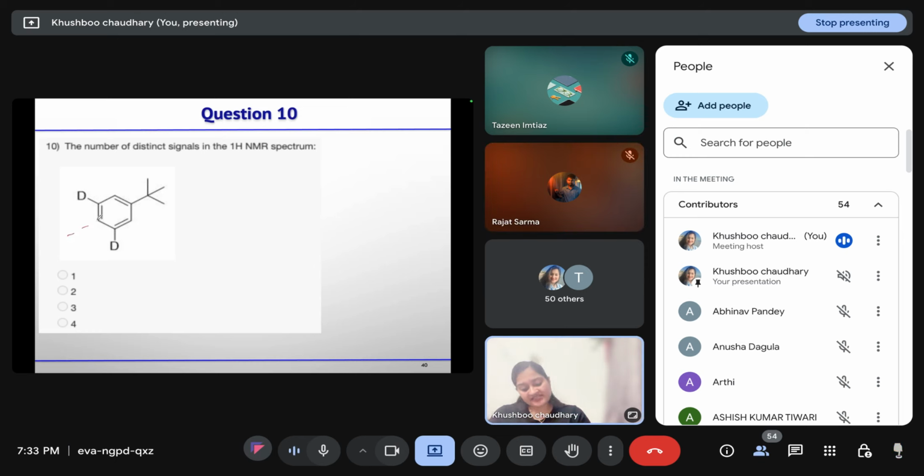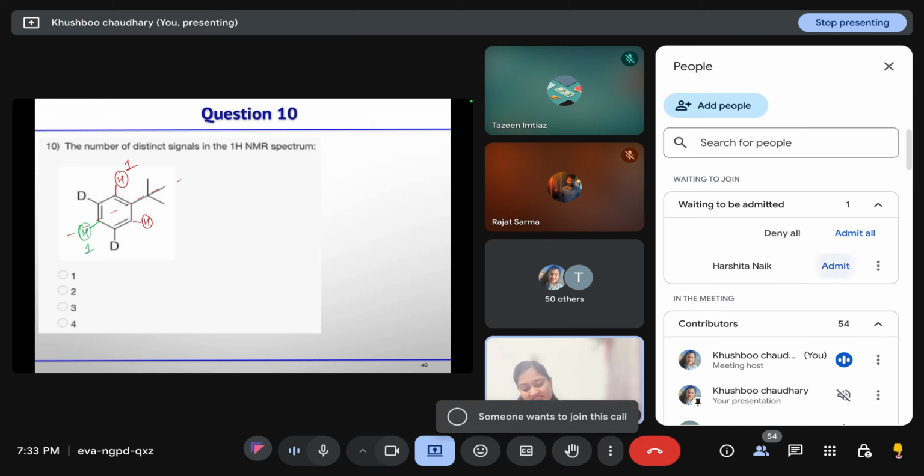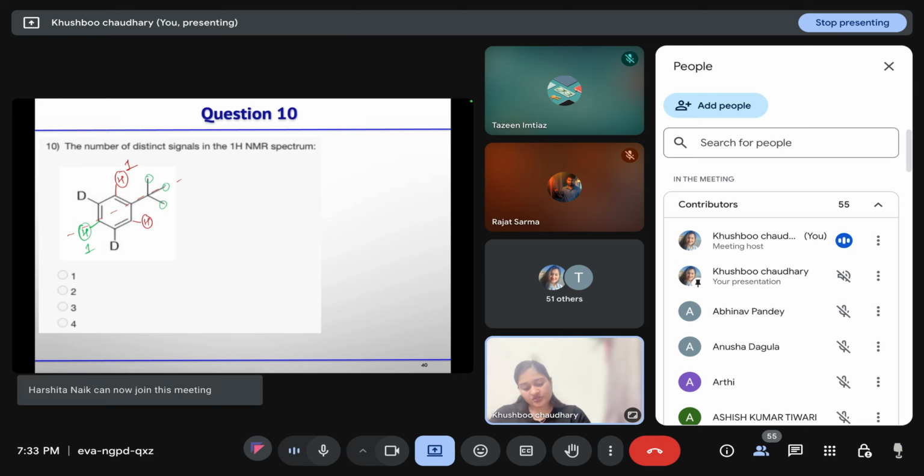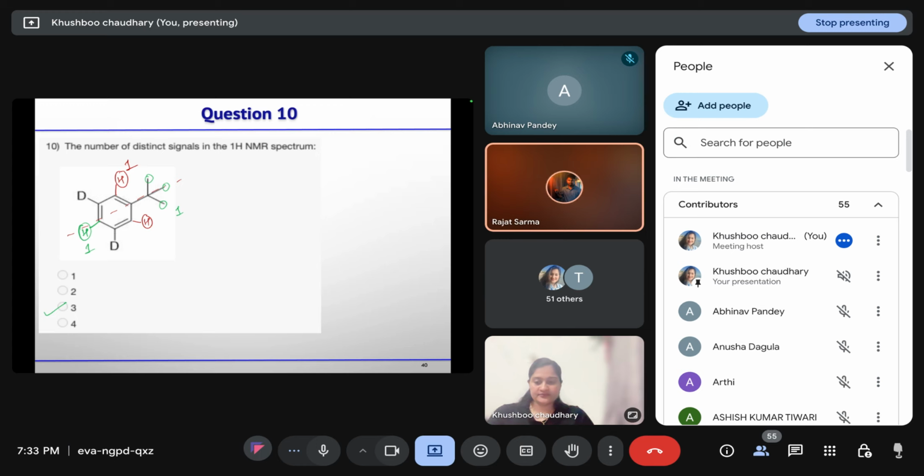Plane of symmetry is there. So that means ortho protons will show one signal, right? Para will show one signal, and all these methyl protons will show one signal. So the total number of signals it will show is 3. Clear? Yes, ma'am.